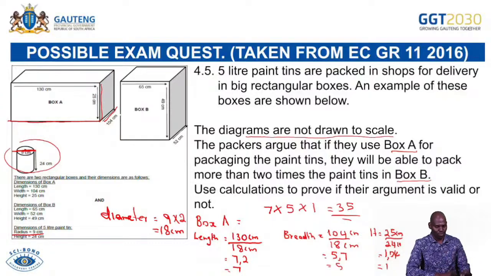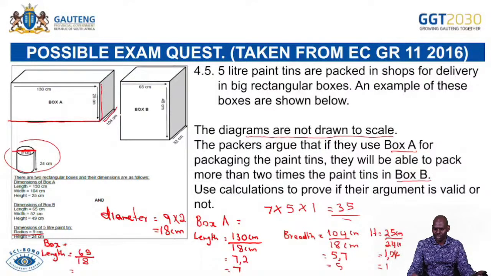Then we have to do the same thing with box B. Then box B, I'm going to indicate it here. Okay, for length, it's going to be 65. We still divide by 18. So 65 divided by 18 will give me about 3.6.